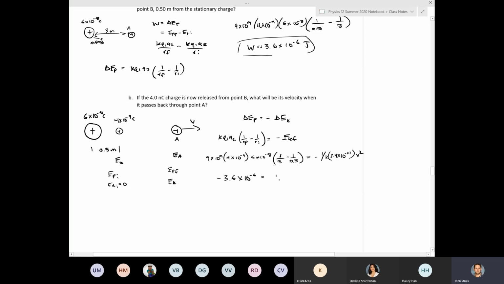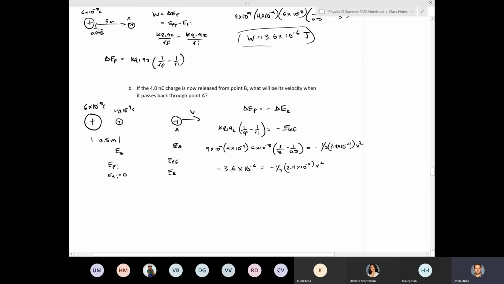Now this is negative 1/2, still 2.4 times 10 to the negative 21 times v squared. And if you need the mass of an electron, mass of a proton, charge of a proton, charge of an electron, charge of an alpha particle, or mass of an alpha particle, those things are on the constant page of your formula sheet. So just look for those.